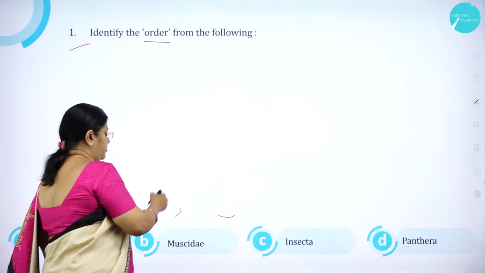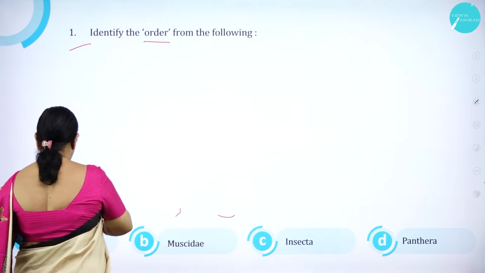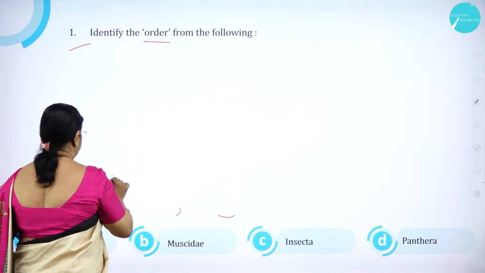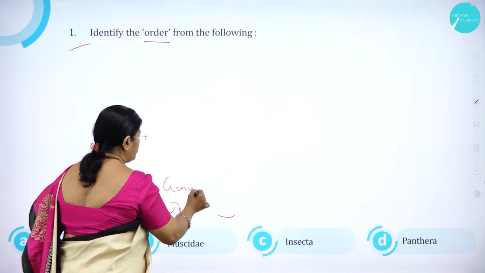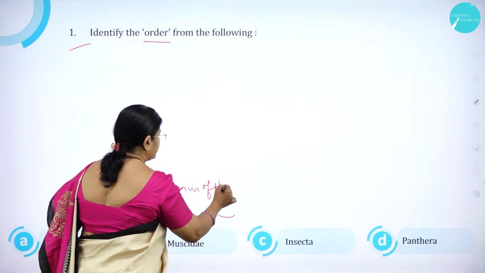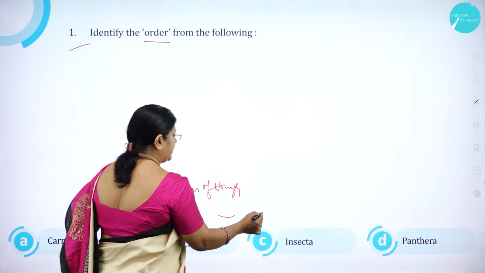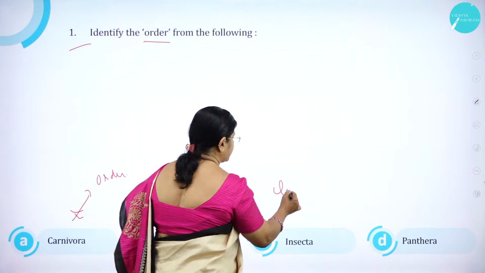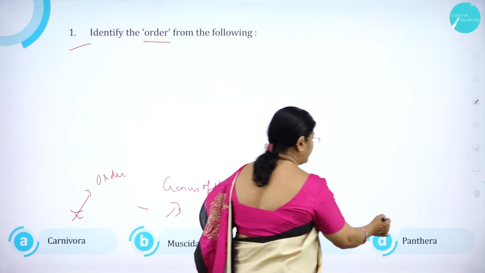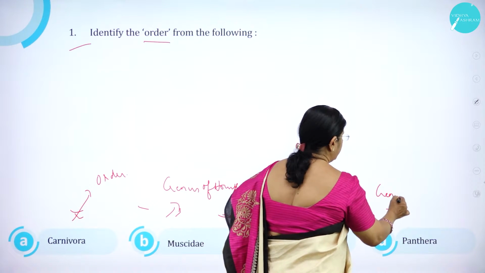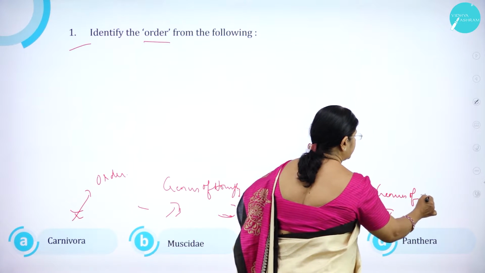Carnivora is an order. Muscidae is a genus of housefly. Then Insecta is a class belonging to phylum Arthropoda. Panthera is a genus of tiger.